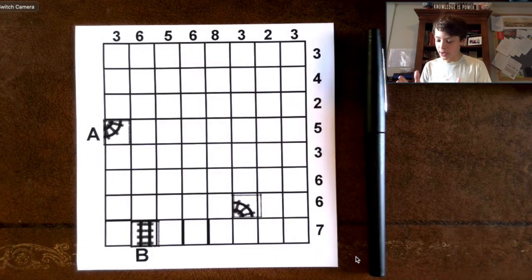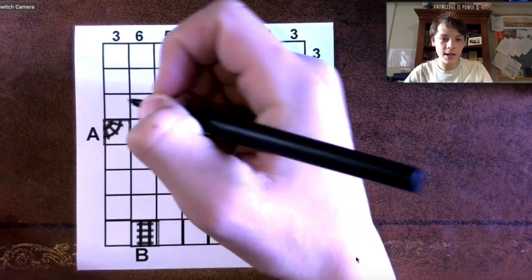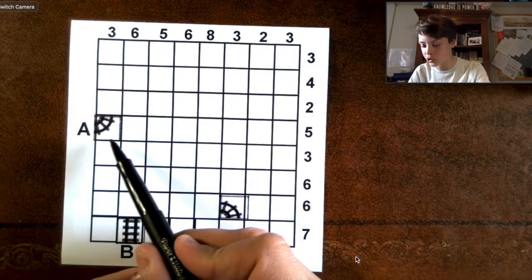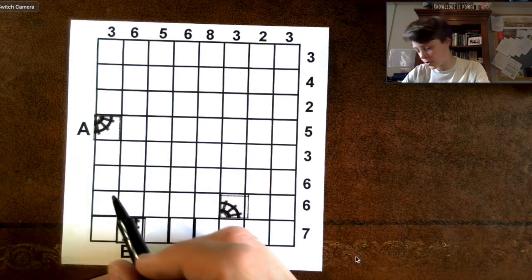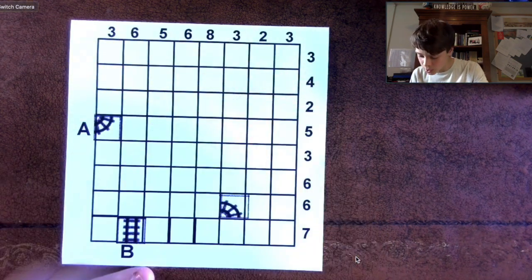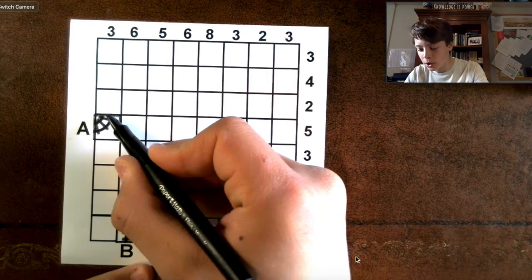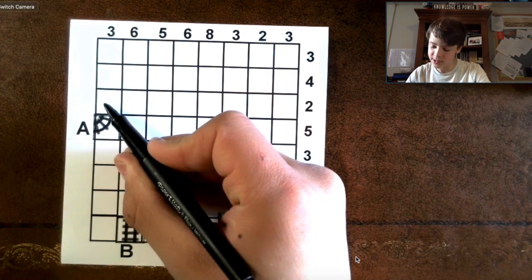So here we are with the train tracks ready to go. Straight away, I'm looking at it near A. There's 3 in this column. There's already 1, so there's 2 remaining in here. We know that we have to put a train track in this square here, because obviously it curves up.